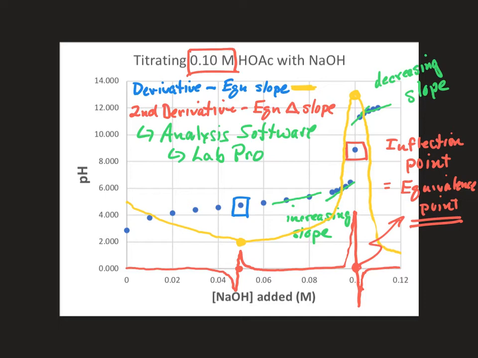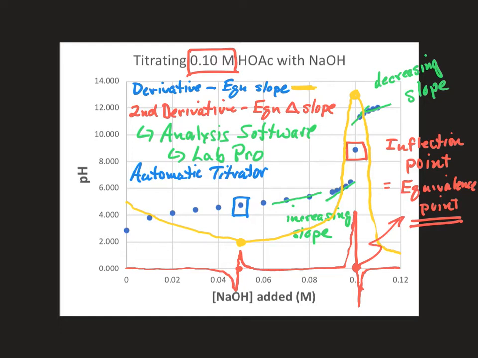But there are automatic titrators where you put your sample in, it slowly adds the base, and it evaluates this second derivative plot of the data, and it comes back and tells you where that point is. Then you know where your equivalence point was, and you can calculate back to your original concentration of the acid, sorry.